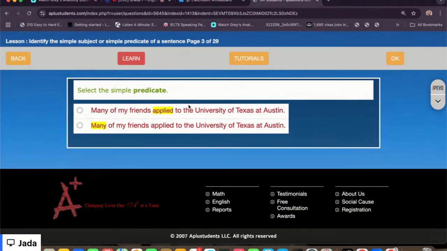So, select the simple predicate. Many of my friends applied to the University of Texas at Austin. So, what is the simple predicate here?